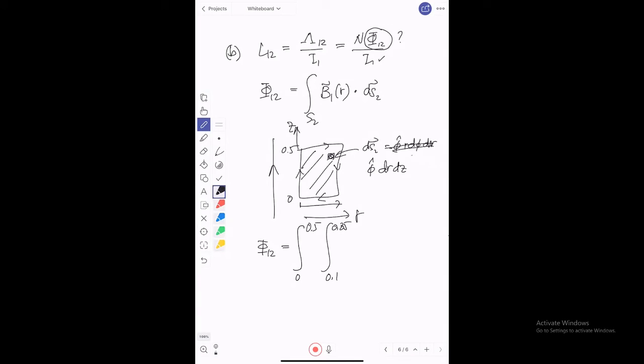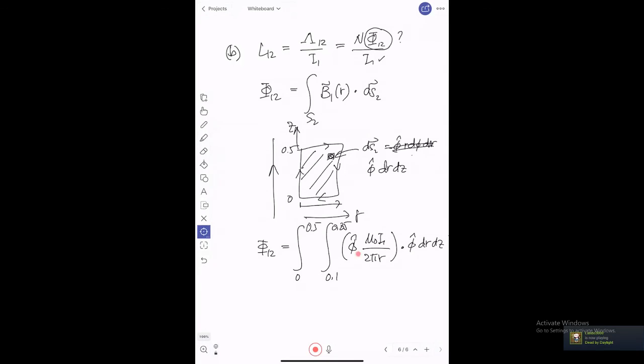Now I have my B. My B is phi hat mu 0 I1, that's the first one that generated, over 2 pi r, dot with my ds, which is also phi hat, and then I integrate over dr dz. Any questions? Phi hat dot phi hat is equal to 1, so that is very straightforward.